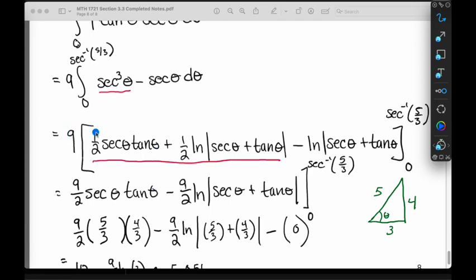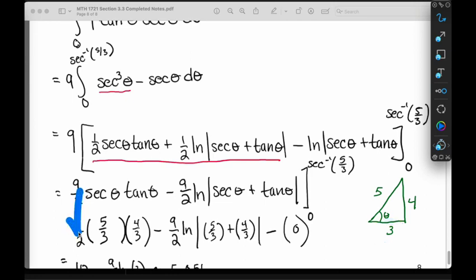So this 9, when I multiply it through, that gives me 9/2. And then secant theta, that would be 5/3, right? Hypotenuse over adjacent. Tangent is opposite over adjacent, so that's 4/3.